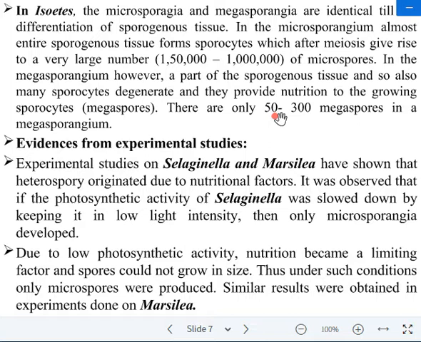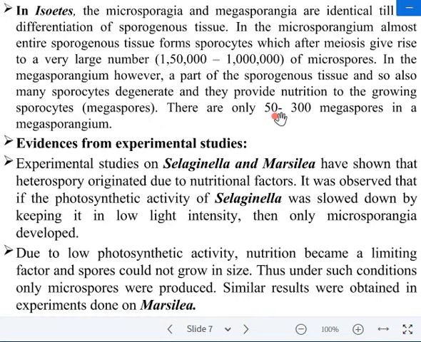So on the basis of the development of the microsporangium and megasporangium in the case of Selaginella and in the case of Isoetes, which is also known as Quillwort, it is a very interesting heterosporous plant reported by pteridologists. Mostly it has been reported that during the development of the microsporangium and megasporangium in Isoetes, all the sporogenous tissue converted into spore mother cells.